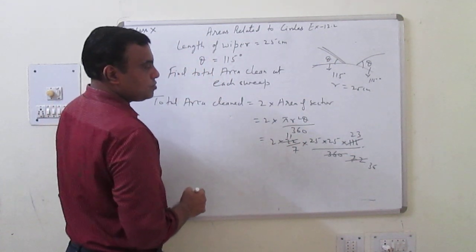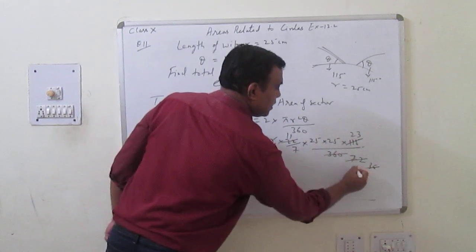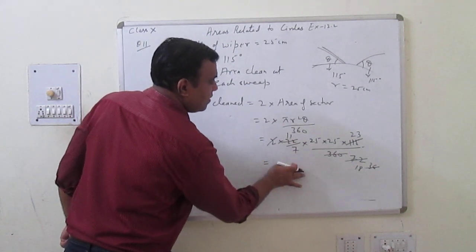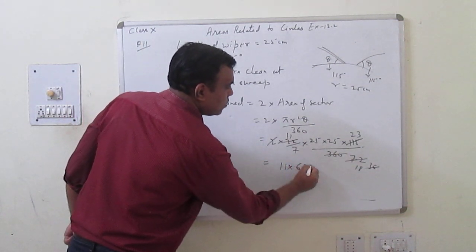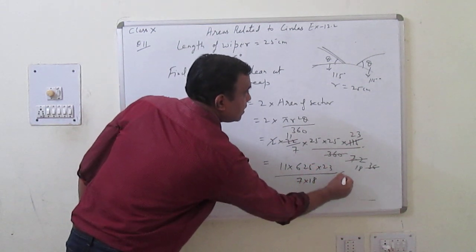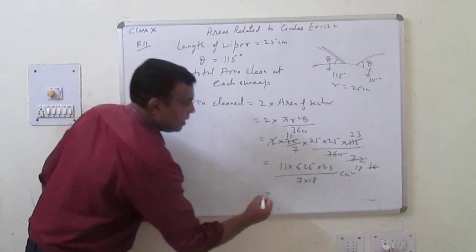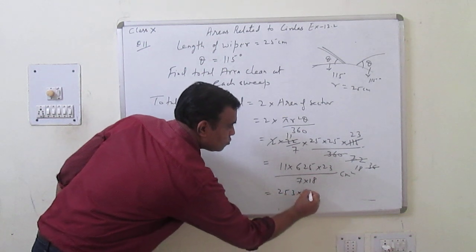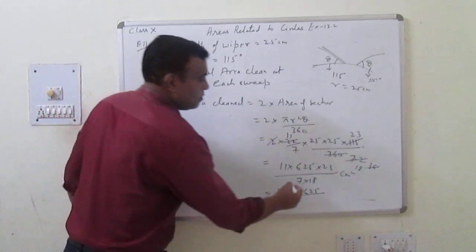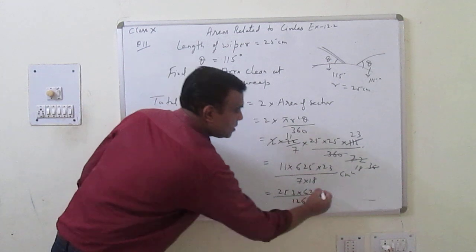So it becomes, again cut with 2, it is 18. So it is 11 into 25 into 25 is 625 into 23 upon 7 into 18 centimeter square. Multiplying 11 into 23, you will get 253 into 625 upon 7 into 18, 126 centimeter square.